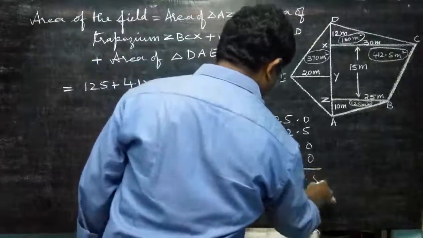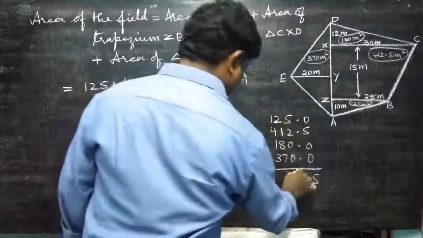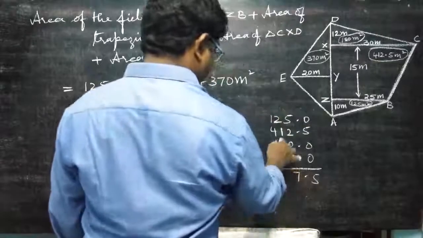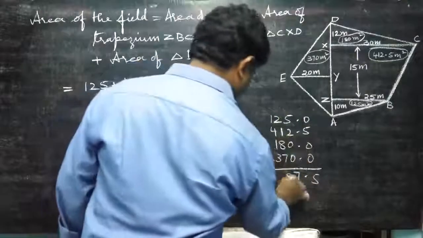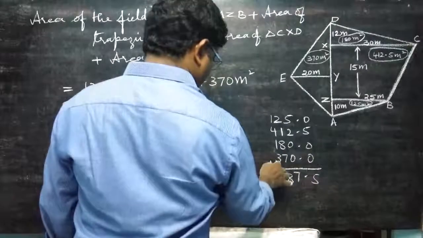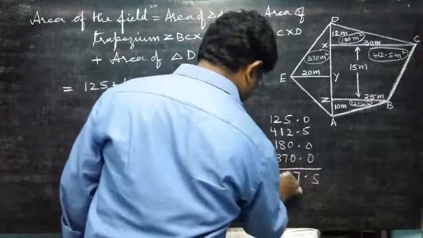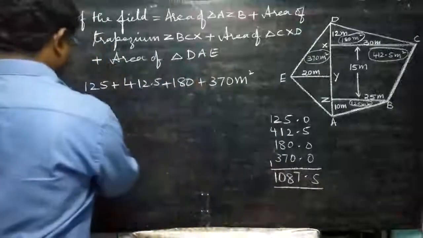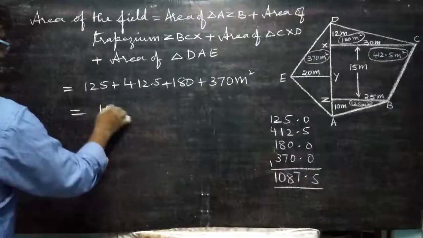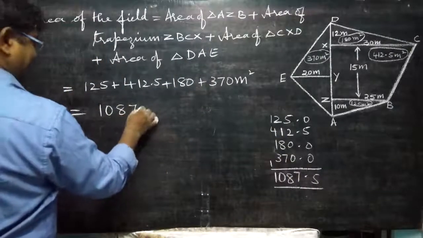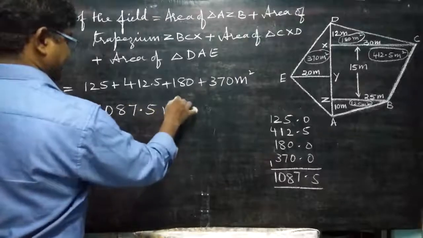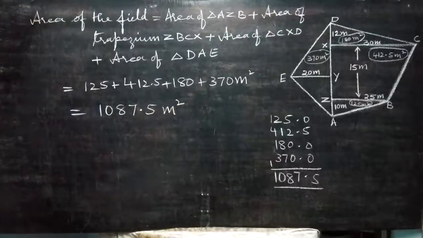Nothing is there means 0. Here 5, 7, 15, 16, 17, 18. 8 here 1, 3, 4, 5, 6 here 10. So how much you got means 1087.5 meters square. This is the area of the field that they asked.